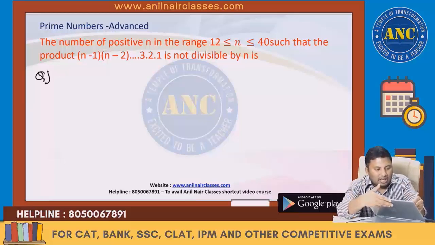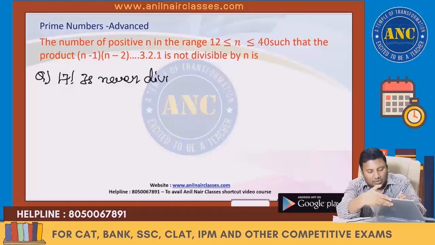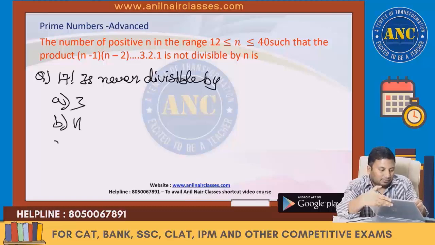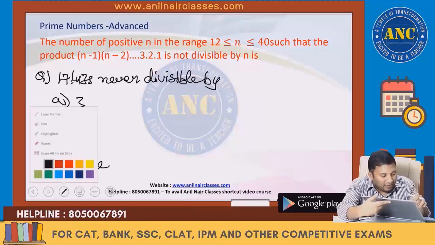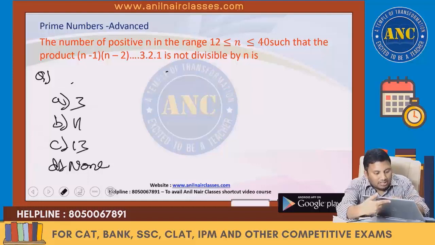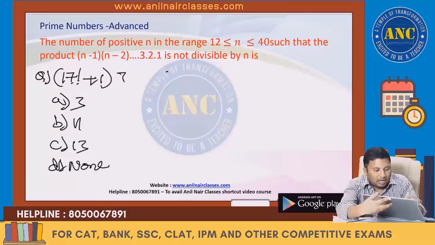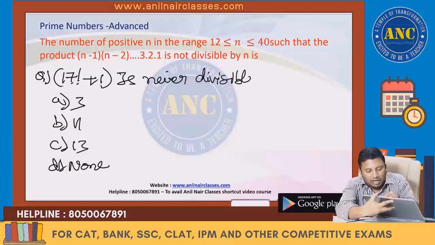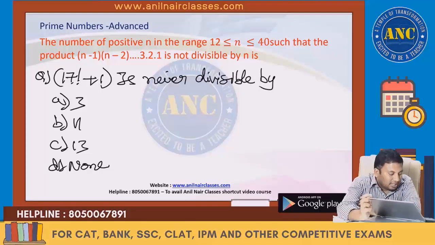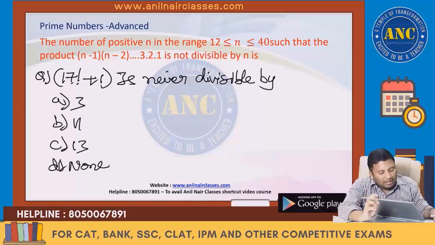The question is like this: 17 factorial plus 1 is never divisible by which of the following? 3, 11, 13 and none.